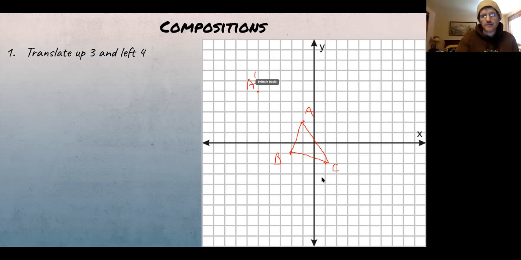So there's A prime. I can do the same thing for all of them. Up 1, 2, 3, left 1, 2, 3, 4. There's C prime. All right, and for B, up 1, 2, 3, left 1, 2, 3, 4. That is B prime.